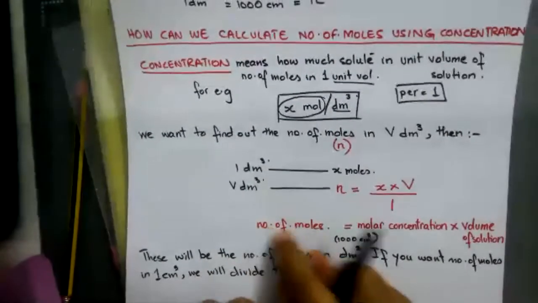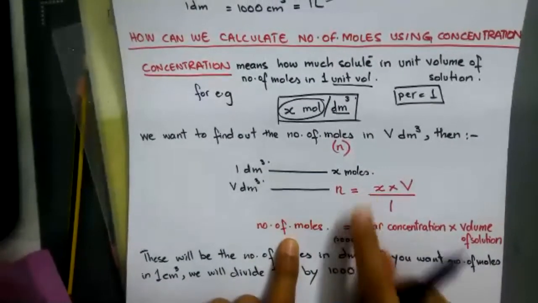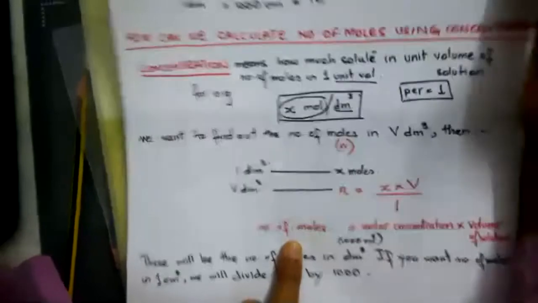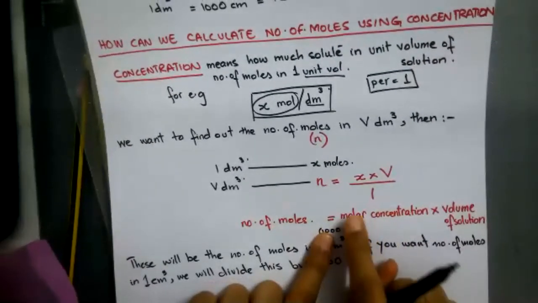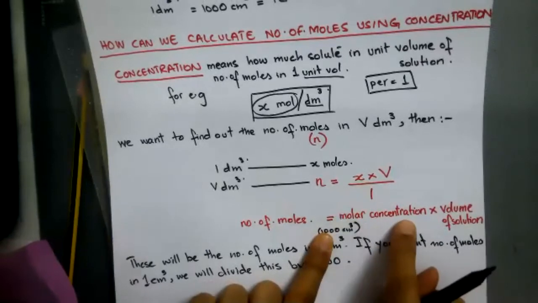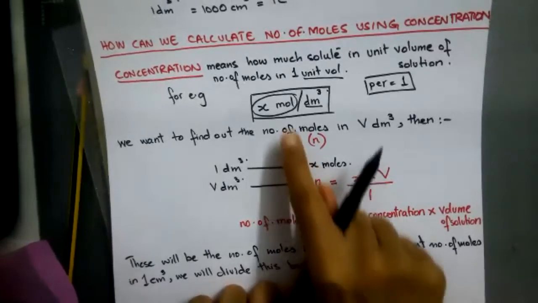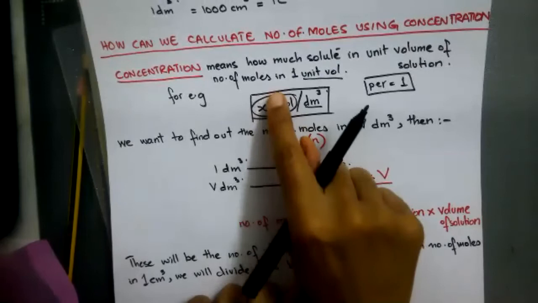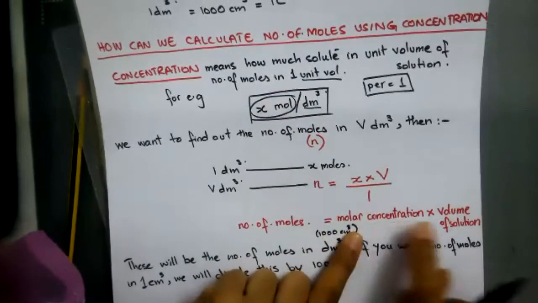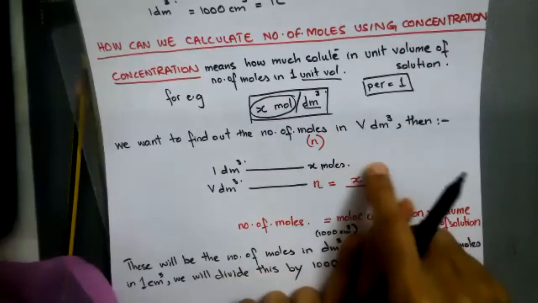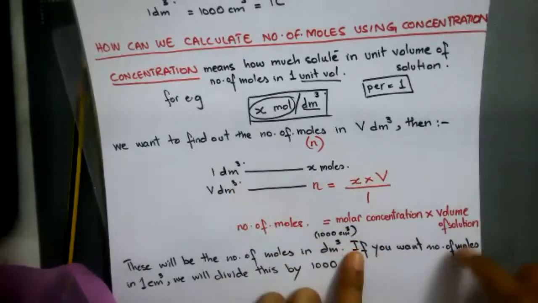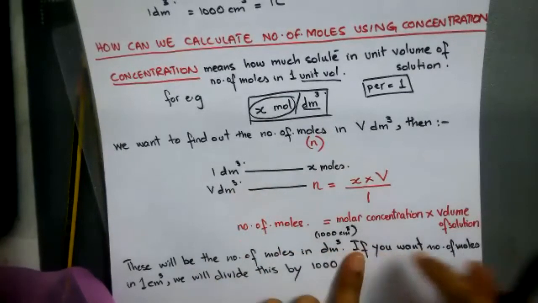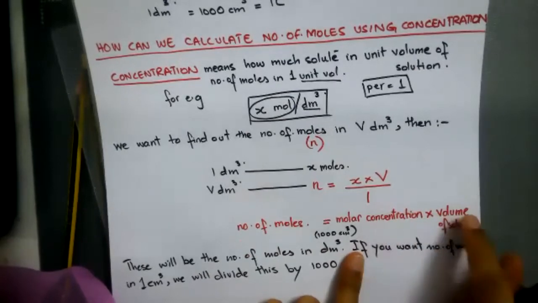So we deduce from this that the number of moles is the product of molar concentration, remember this was molar concentration, and the volume of the solution. So this is the formula for the number of moles using concentration and volume.